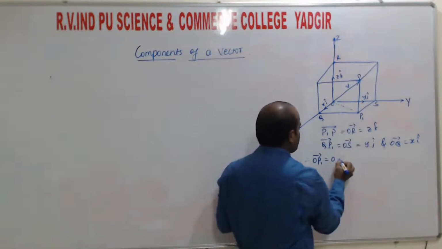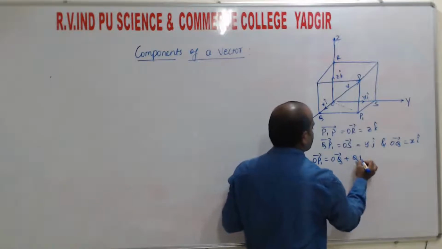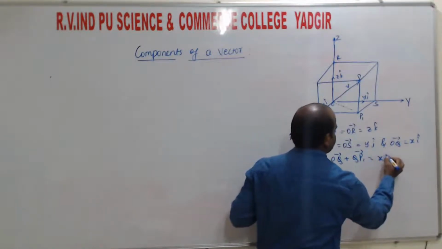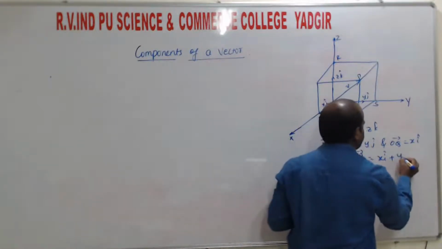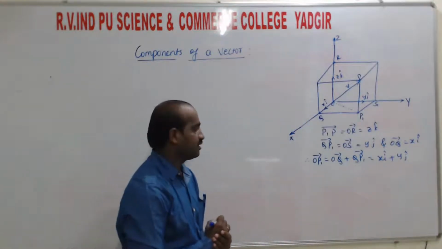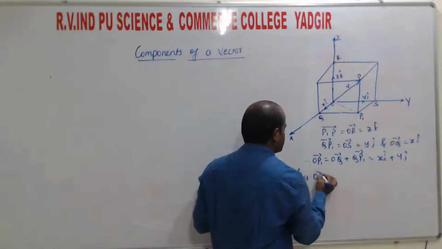OP1 is equal to OQ vector plus QP1 vector. OQ is equal to x i plus QP1 is equal to y j. So OP1 is x i plus y j.